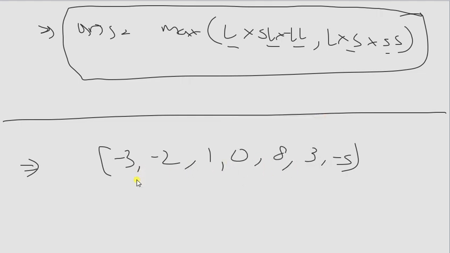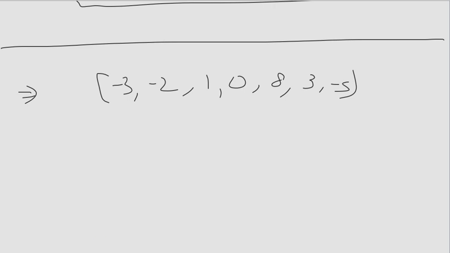In this array, I'm going to run a loop from start to end, and the current element will be represented by I. So here, I can have three variables: largest, second largest, and the third largest.